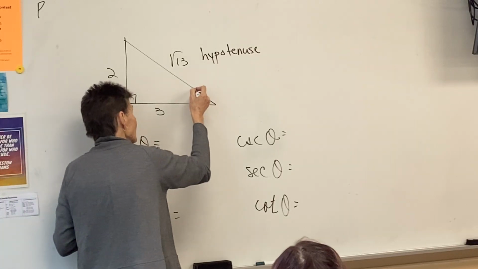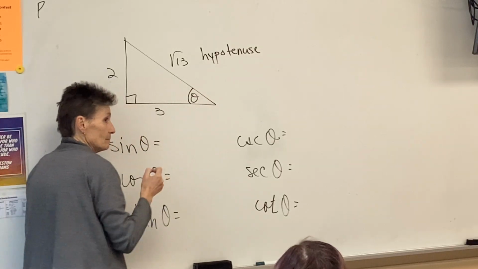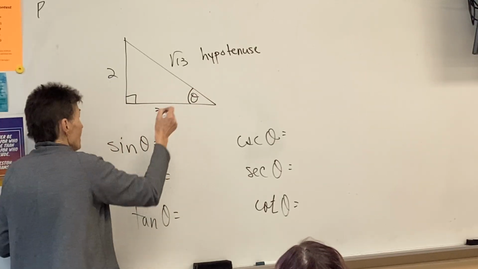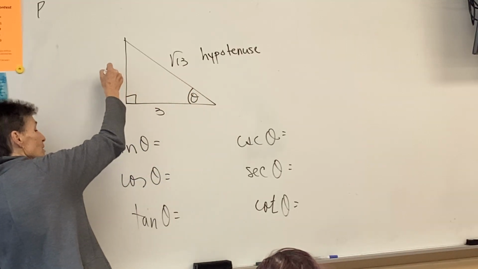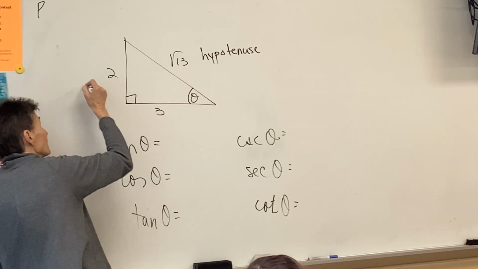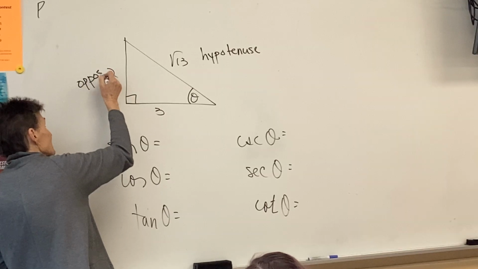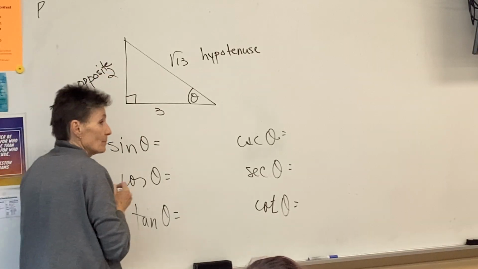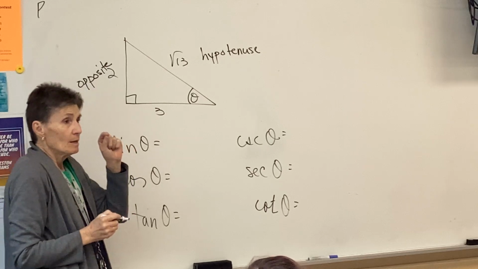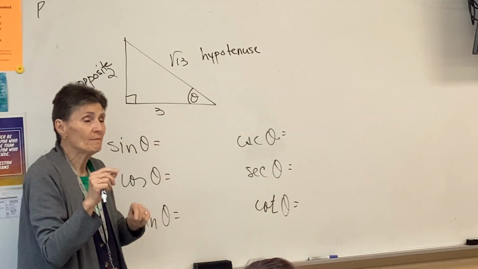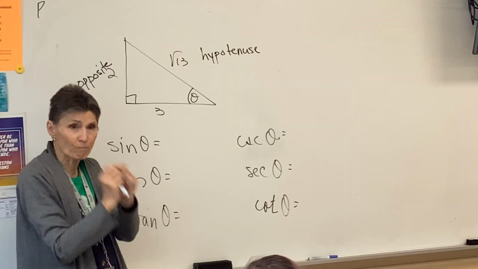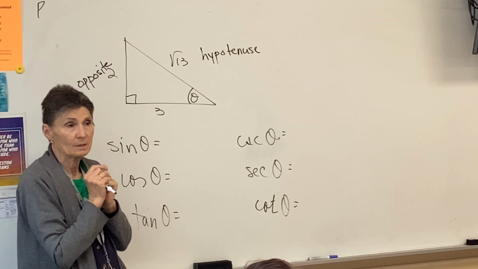Since my angle is here, this side over here, across the triangle, is called the opposite side. The side that you call opposite is the one that is across from the angle.